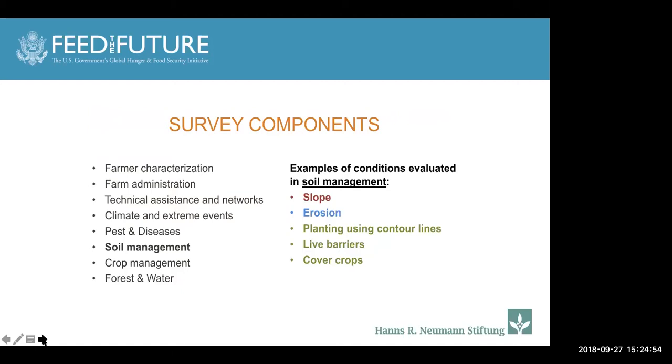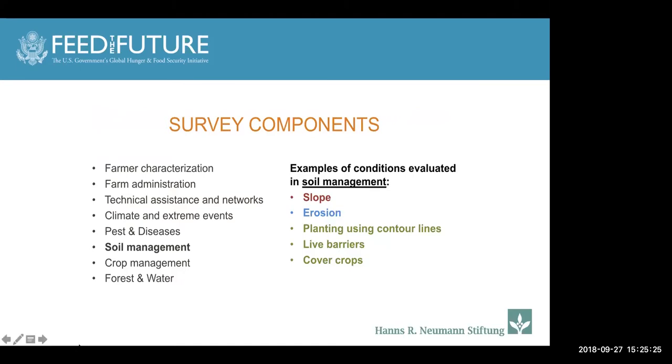So finally, in each of them, we are trying to measure the exposure, the sensitivity, and the adaptive capacity. For example, with soil management, the exposure that they could have is the slope, sensitivity is erosion, and the adaptive capacities that he can apply are planting using contour lines, using live barriers, and establishing cover crops.